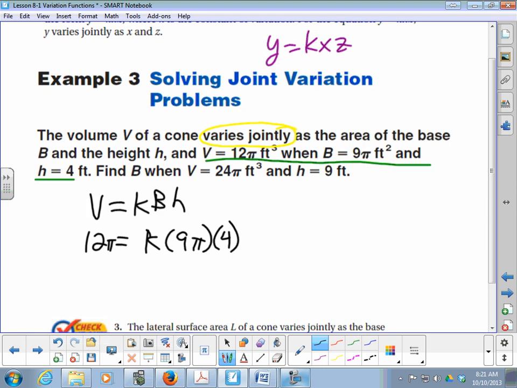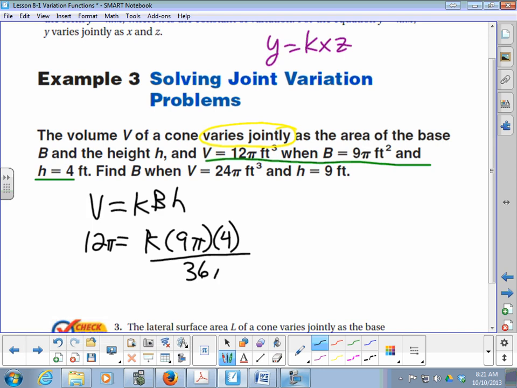Because 9 pi is square feet, and 4 is in feet. So if I multiply square feet times feet, what do I get? Cubic feet, which is what my units are for the volume. So the constant of variation does not have a unit attached to it.